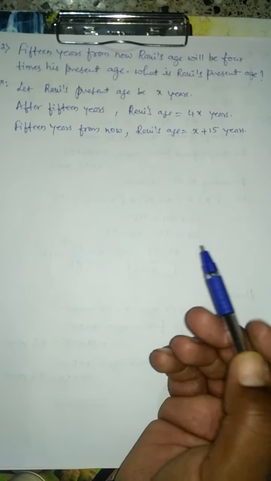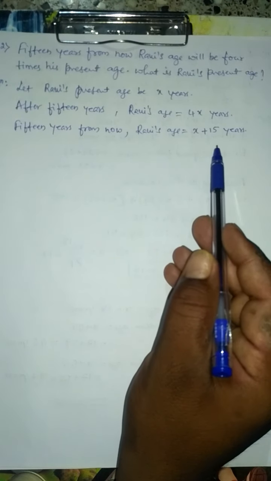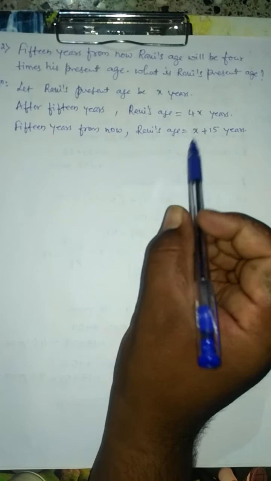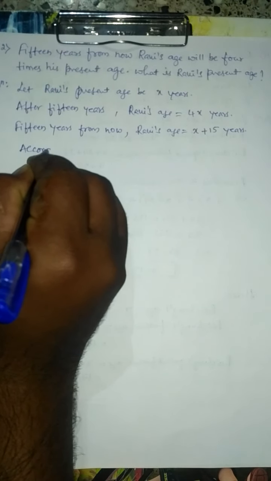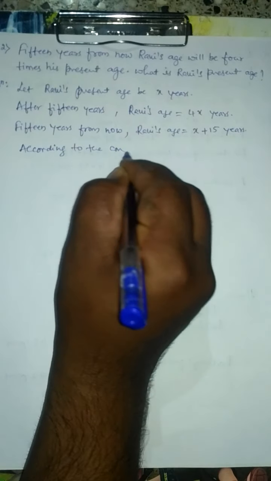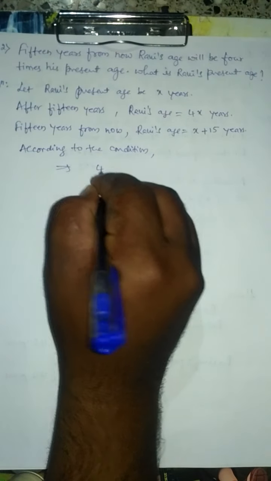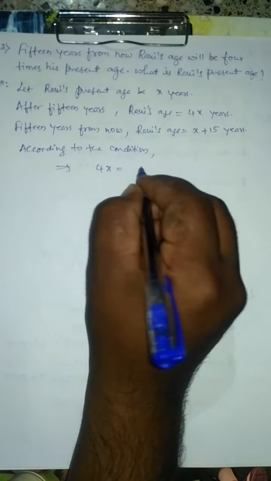So after 15 years, Ravi's age is x plus 15. This is the same as 4 times, that is 4x. So how do we write the condition? According to the condition, 4x is equal to x plus 15.